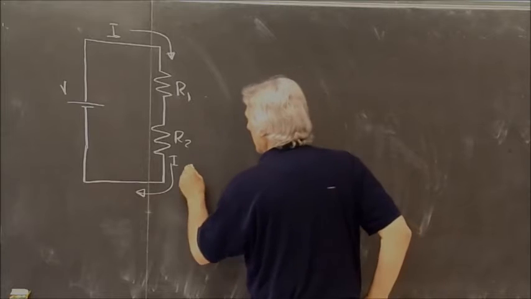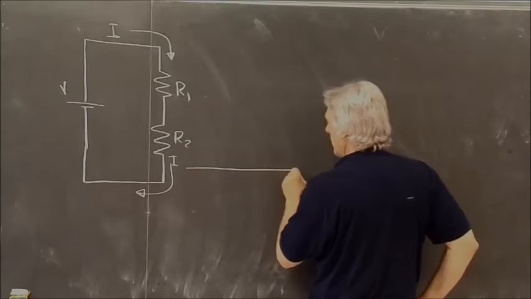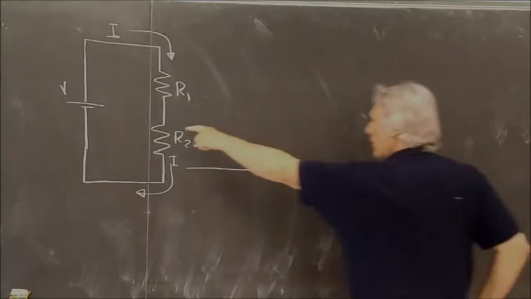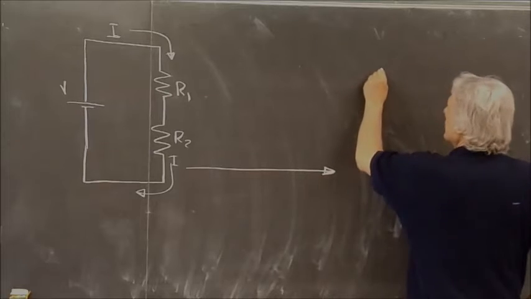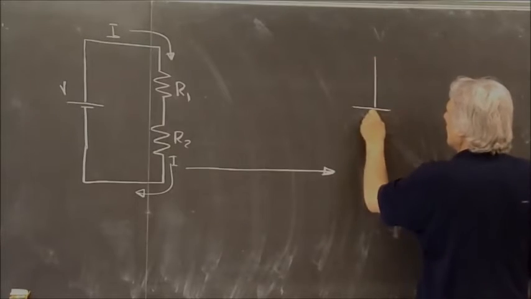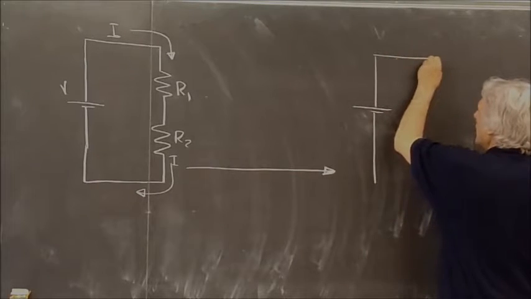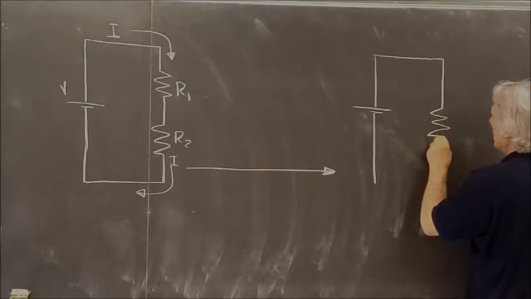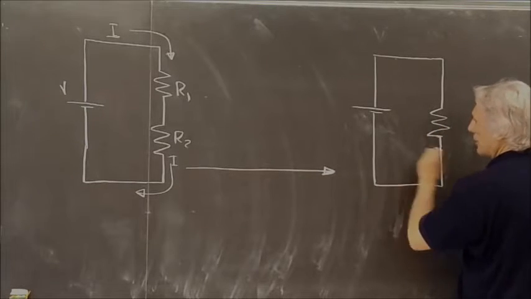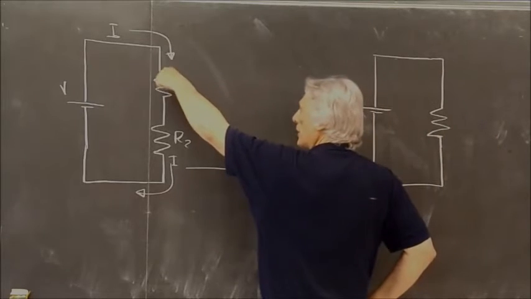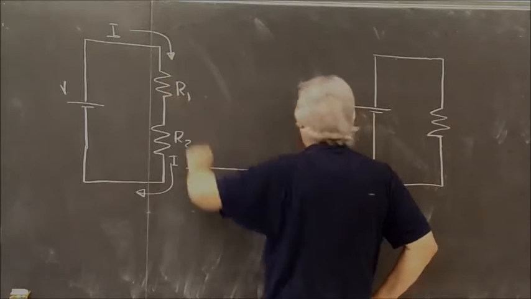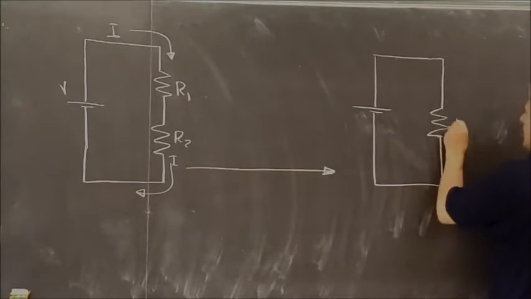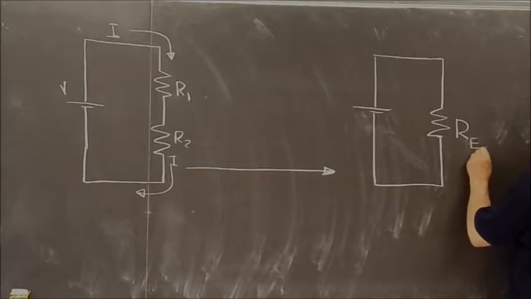Well, we can do so by realizing quite early on, and I'm going to extend this way over here so you can see it, that we can turn this circuit into an equivalent circuit that looks like same voltage, but this time, instead of having two resistors that are connected in the so-called series fashion, because the current flows sequentially or in series, first through one resistor and the second one, we can turn this combination of resistors into an equivalent series combination.